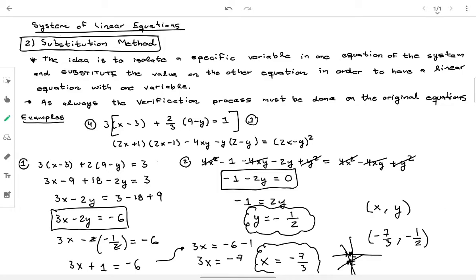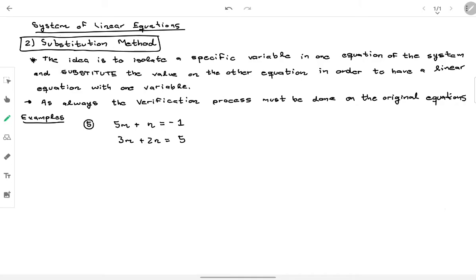Let's see one more example for those that have any type of questions. So in this specifically, we will isolate the n on the first one, and it's going to be n equals minus 1 minus 5m. So we can substitute that value of n on the second equation, 3m plus 2 that multiplies minus 1 minus 5m equals 5.